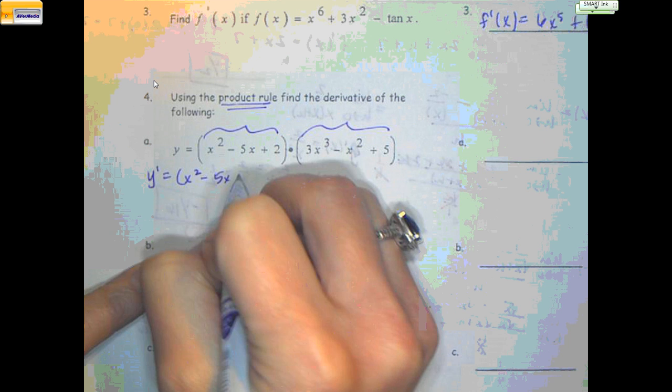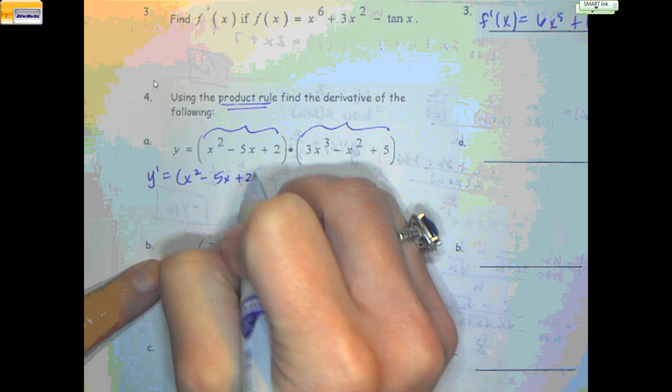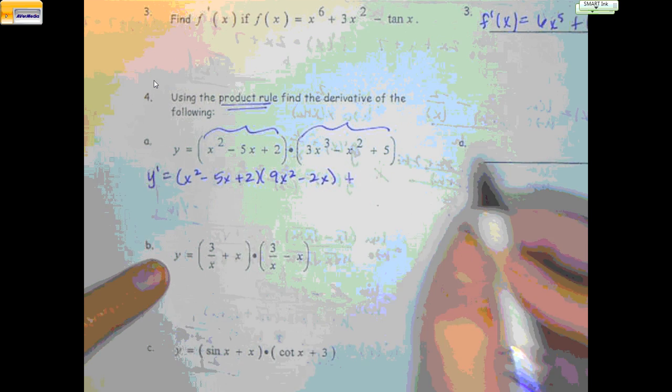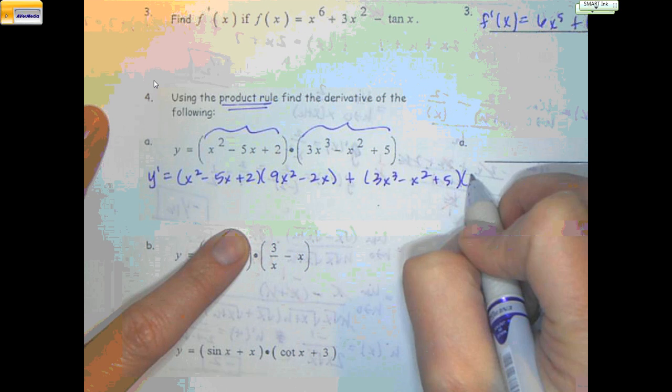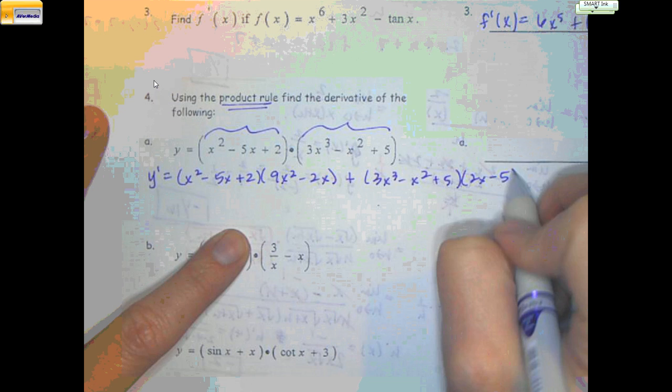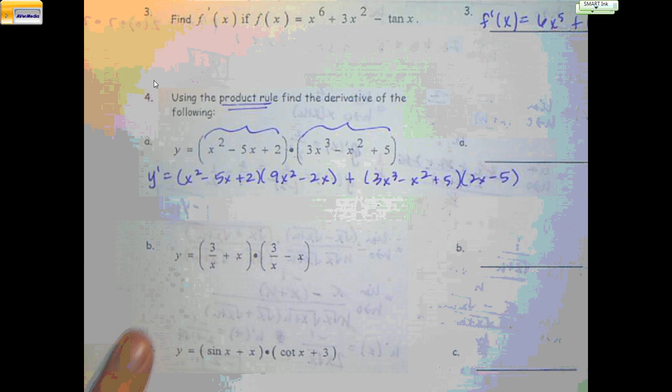So first function is x squared minus 5x plus 2 times the derivative of the second, which is 9x squared minus 2x. Plus the second function, so 3x cubed minus x squared plus 5 times the derivative of the first, which is 2x minus 5. Any questions?